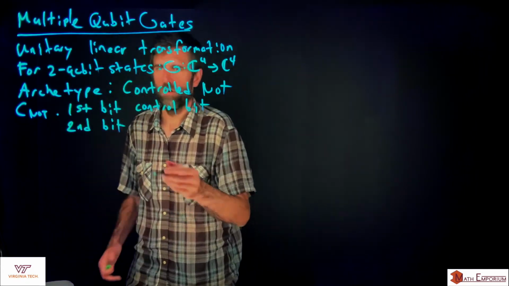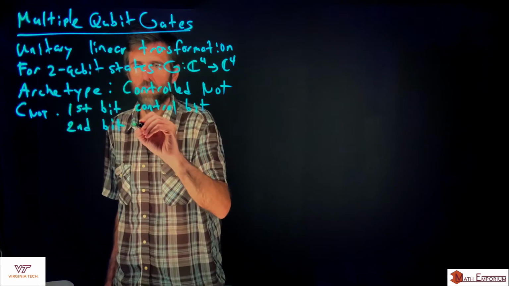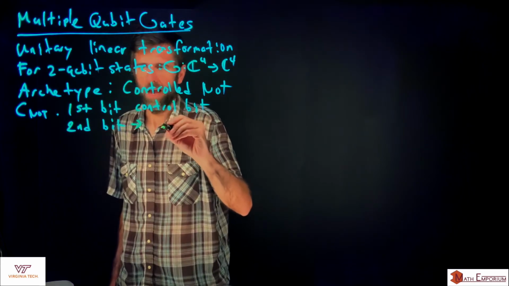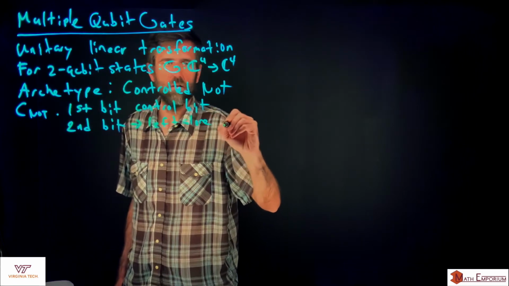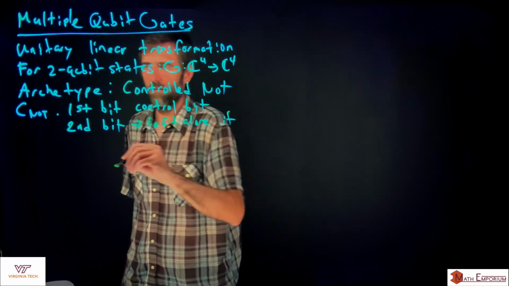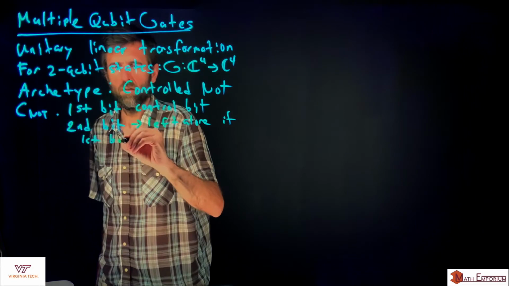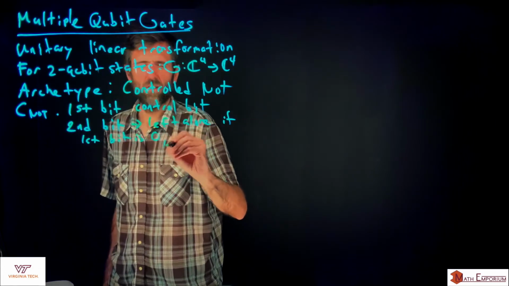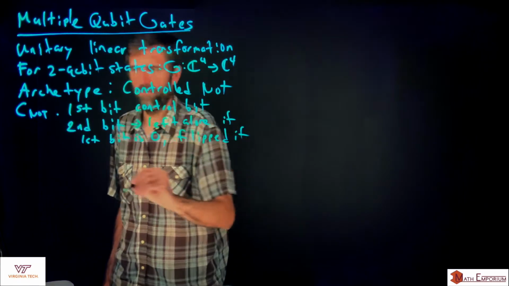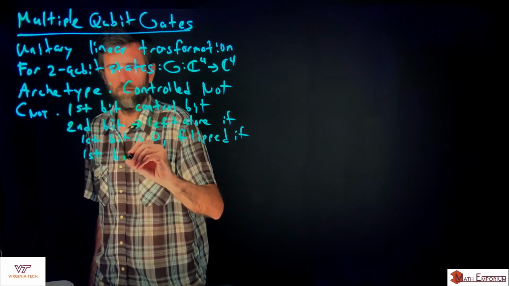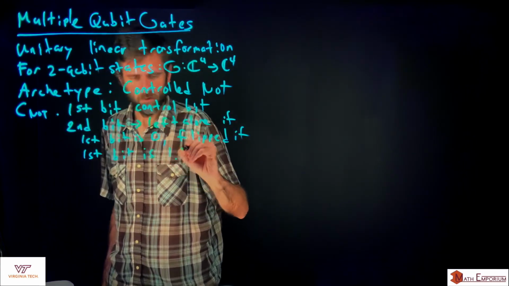So if the control bit is 0, then nothing happens. The first bit is 0, but then it'll be flipped if the first bit is 1.